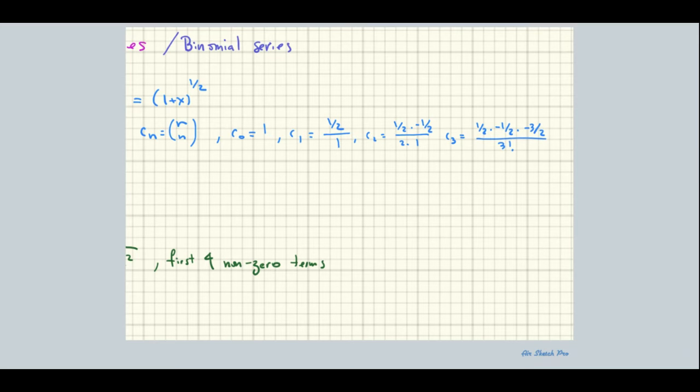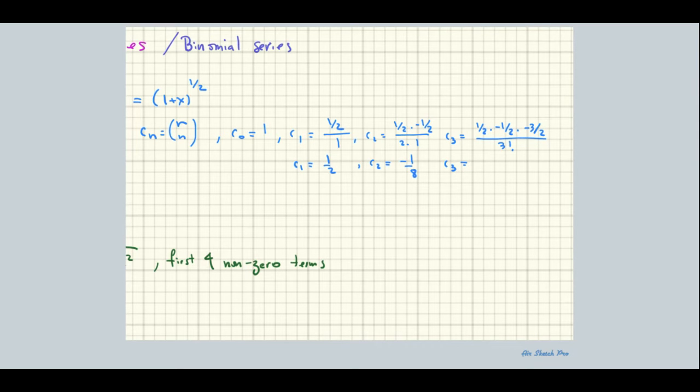Now, as fractions, what do I get here? C0 is 1. C1 is 1/2. C2 is what? That's -1/8, isn't it? And that's pretty easy to see. C3 is going to be a little bit tougher, right?